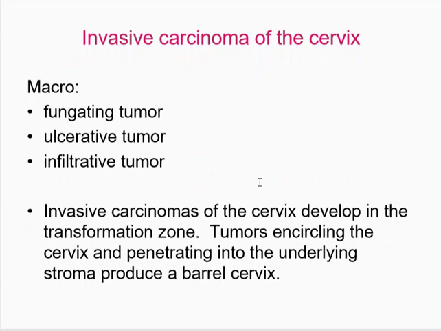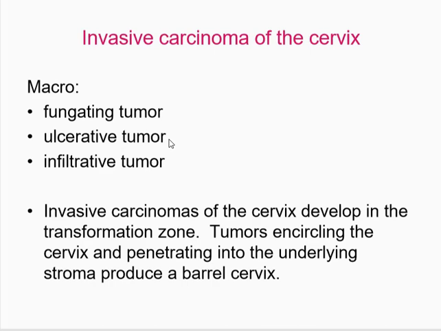The gross morphology of invasive cervical carcinoma may be of three types. Fungating exophytic tumors may occur, so these are warty tumors. Often those associated with HPV are fungating, but also quite commonly we see infiltrative tumors without anything protruding into the lumen. And we also have ulcerative tumors as a possibility.